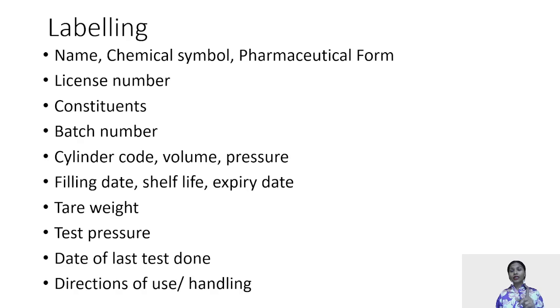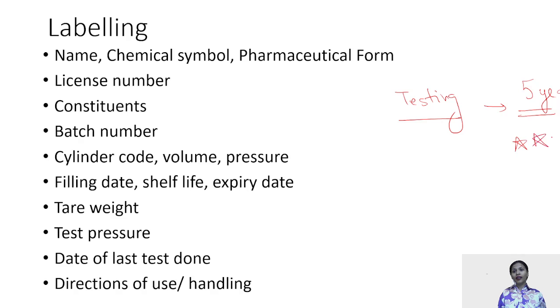Every cylinder has to be tested every 5 years. Under special circumstances, when a cylinder batch gets a 5-star rating, then it gets the leverage that it can be tested every 10 years also, but mostly the time is 5 years.